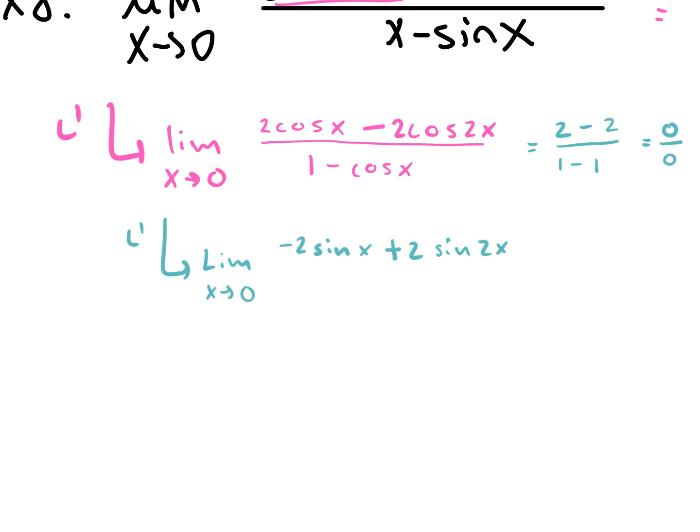So we take the derivative of 2x. What's the derivative of 2x? 2. So I'm going to multiply that 2 times the 2 that we already had out front, so that makes it a 4 out front. So I kind of did a couple steps in one there. I multiplied the 2 that I already had out front with the 2 from the inside. Over, our derivative of 1 would be 0. Derivative of cosine of x would be negative sine of x, so that would turn this to positive sine of x.